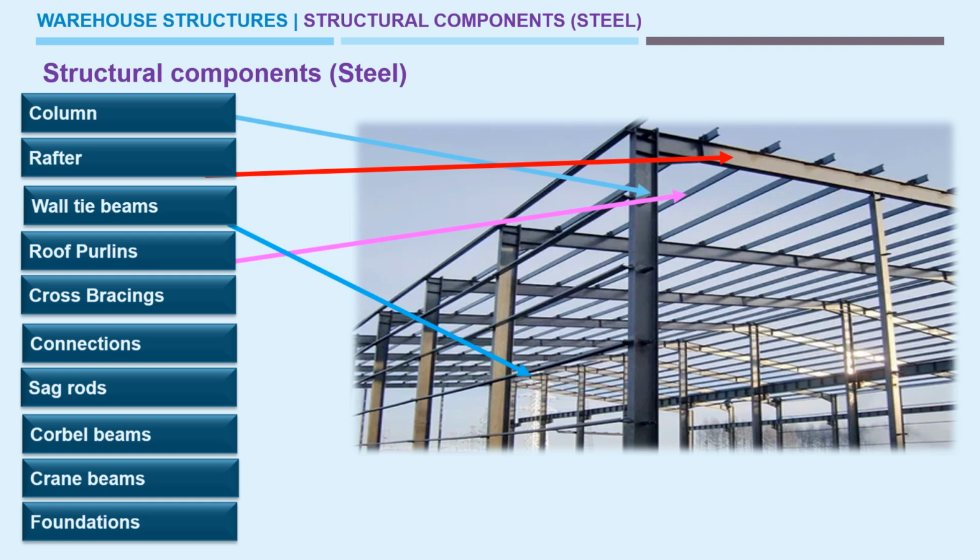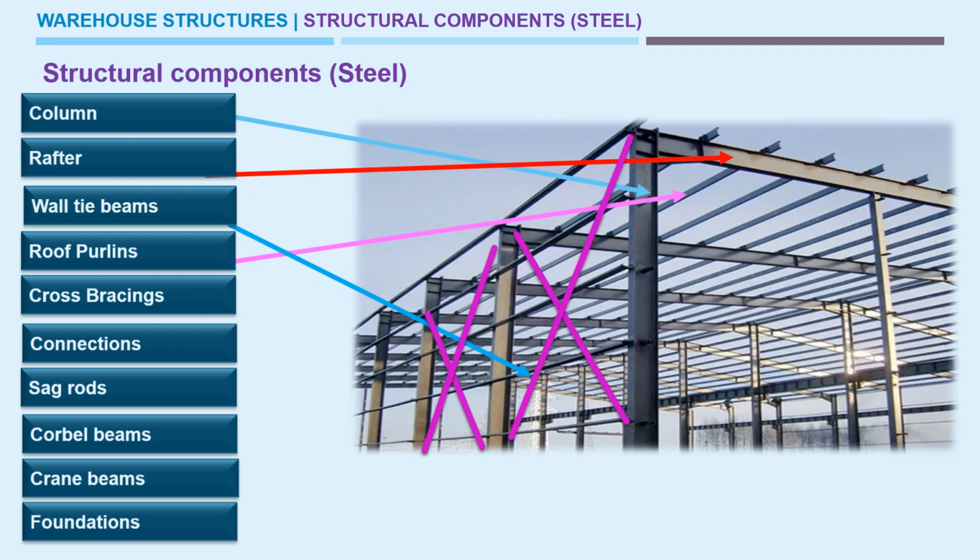This transfers the loads from the roof cladding to the rafter. Similarly, the wall tie beams transfer the wall cladding load to the columns, and also the wind load developed on the closed wall claddings. Those loads are also transferred from wall tie to the column.